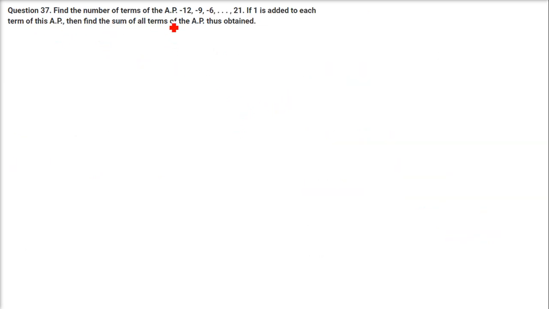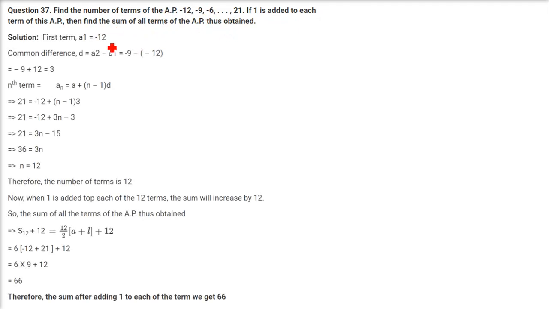Find the number of terms of this AP. If 1 is added to each term of this AP, then find the sum of all terms of the AP thus obtained. So let us find out first the number of terms. A is given here and D is also known, minus 9 minus of minus 12.